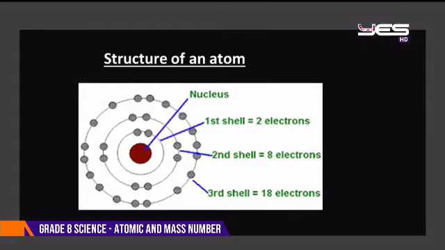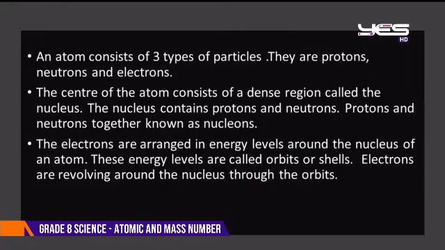Then the central part of the atom is nucleus. Which are the particles present in the nucleus of the atom? Protons and neutrons are located at the nucleus of the atom. These protons and neutrons together are known as nuclear particles or nucleons.